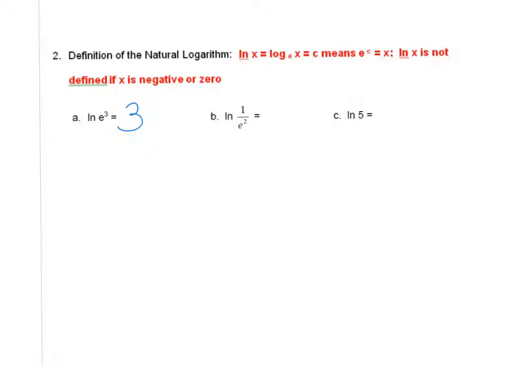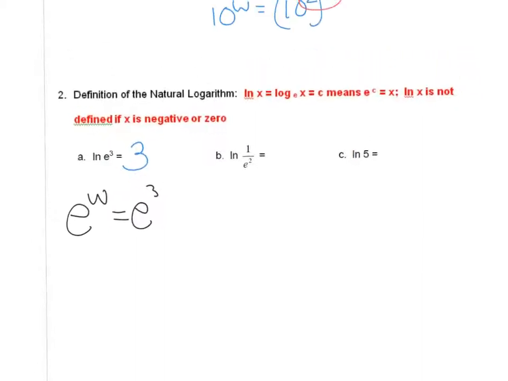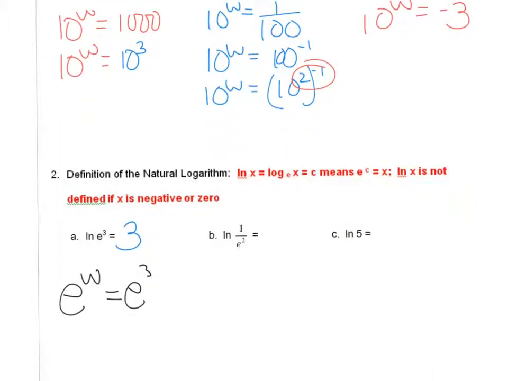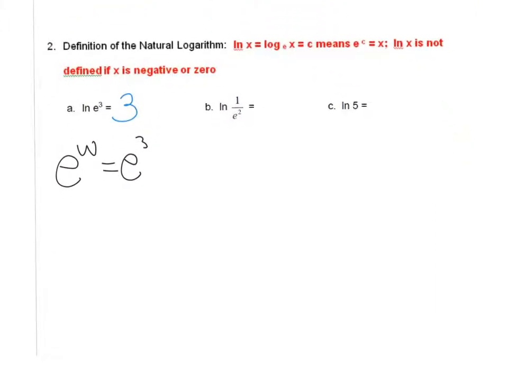Well, here's why that works. If we say the base e to what power is e to the third, just like we did up here when we said the base 10 to what power is 1,000. Well, that what power is 3.